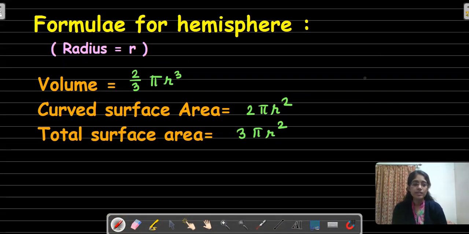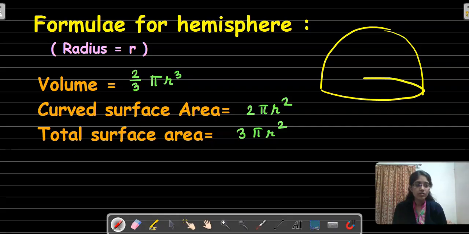Now let's see the formula for hemisphere. So hemisphere is when you divide a sphere by its radius. So let the radius be r. So this is also r.